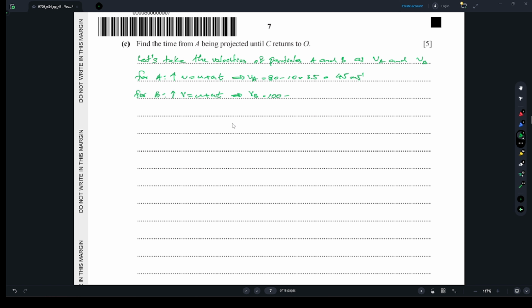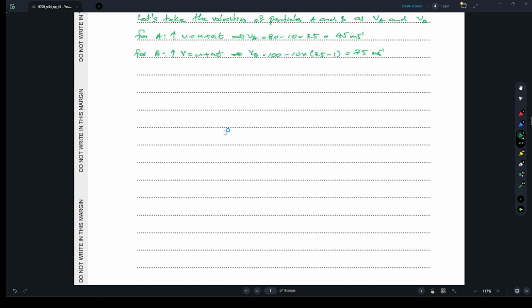And this is 100 minus 10 times, so we projected it 1 second after, right? So then this one is 75 meters per second. Now what happened? There is a collision, right? So we can say before collision.